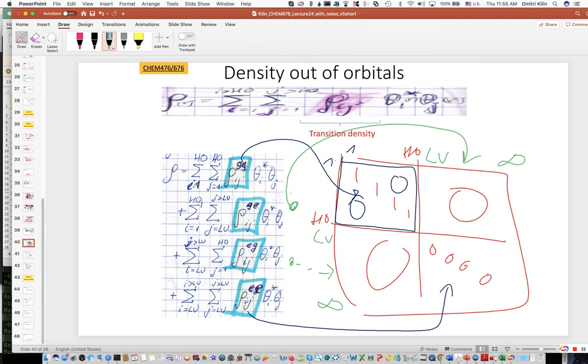So let's chop our density matrix into segments.